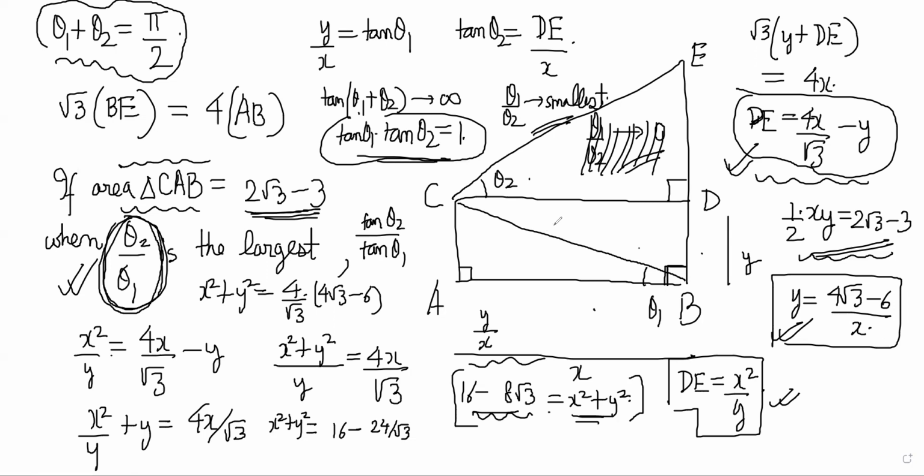Tan theta 1 by theta 2 would be y by DE. Tan theta 1 by tan theta 2. I feel like something is wrong. We are not getting the right idea. The answer they are saying is some 60 and 30 angle.